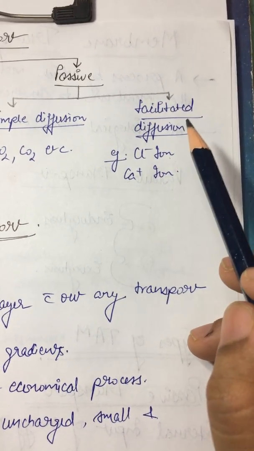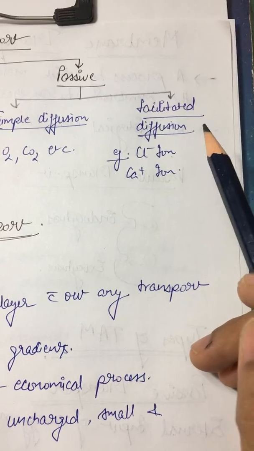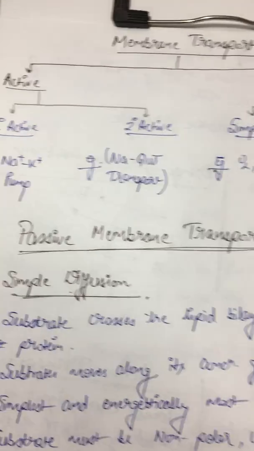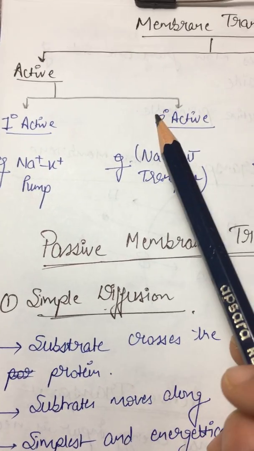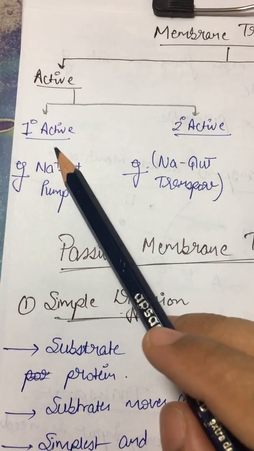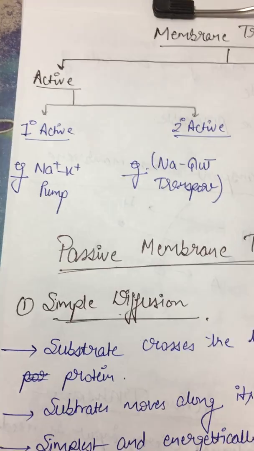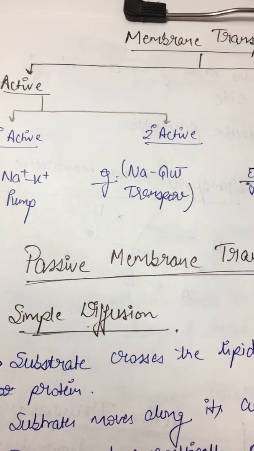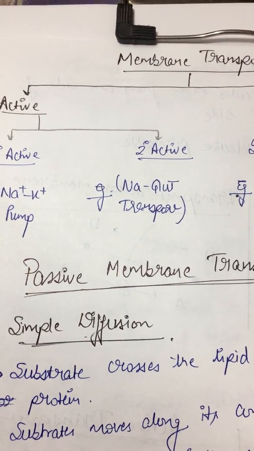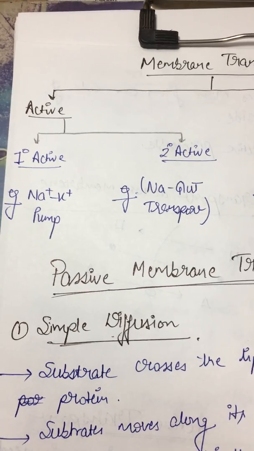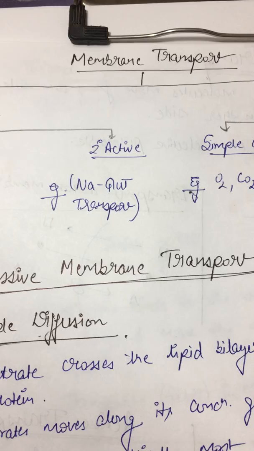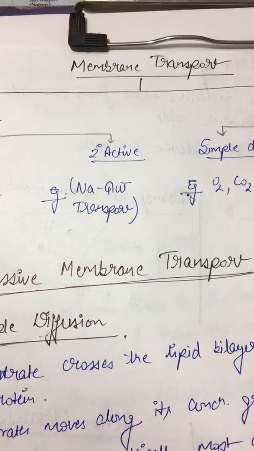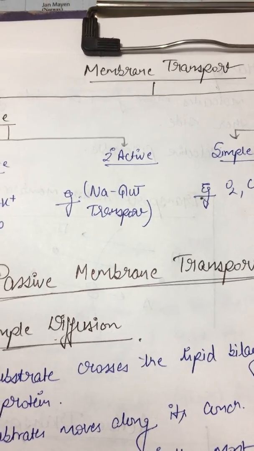This is with the help of a protein, for example glucose uptake. And in active transport we have primary active transport and secondary active transport. In primary active transport, direct energy coupling between input and the desired transport protein takes place, like the sodium potassium pump. And in secondary active transport, indirect coupling of energy and the desired transport takes place.